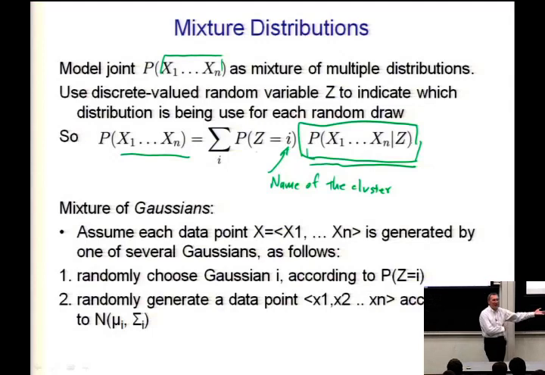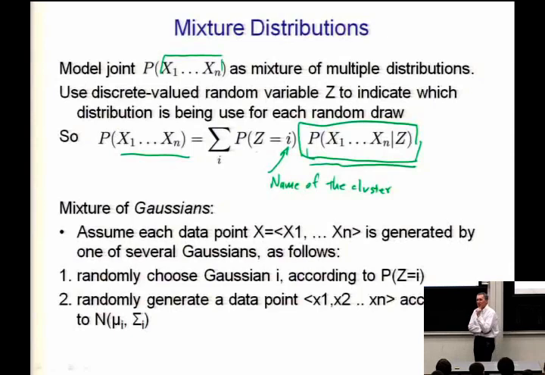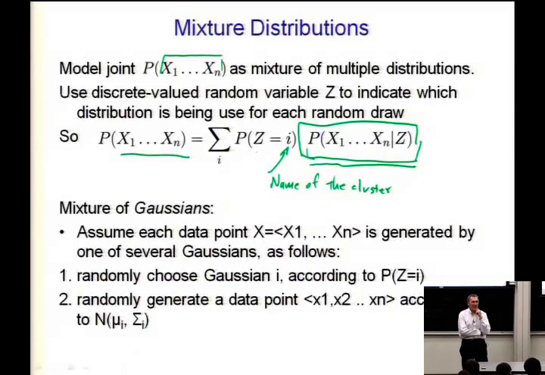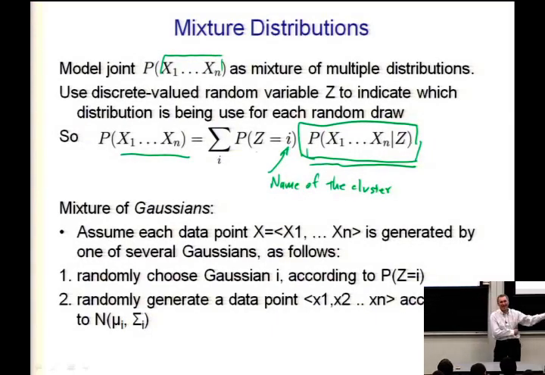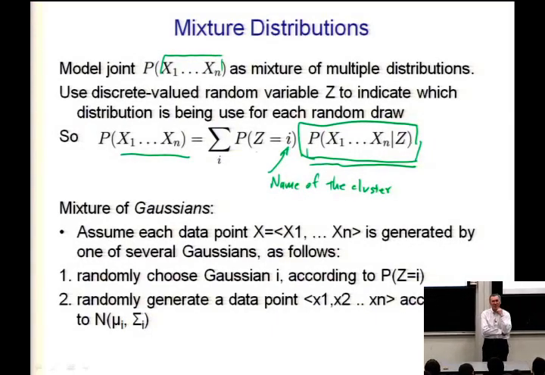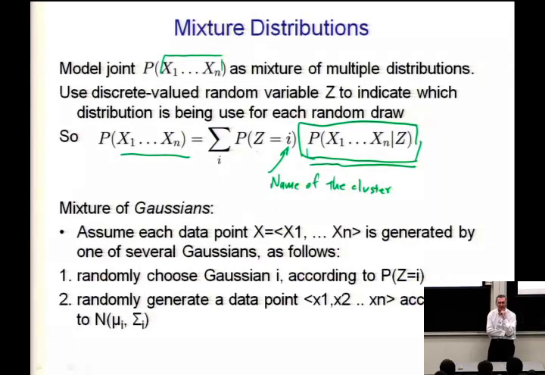But if we held out some data for cross-validation, we would see that if we used as many clusters as data points, so that every data point had its own cluster, that model would not assign very high probability to the held out data, compared to some model that might use fewer clusters and assign a smaller probability to the training data but a higher probability to the test data.